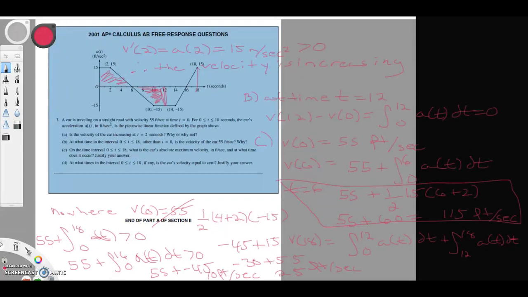When you look at this, nowhere is there going to be a zero, because when you check the endpoints, 55 plus the integral from 0 to 18 is greater than 0, and 55 plus the integral from 0 to 16 is also greater than 0. So you're going to get 10 feet per second. So nowhere is that going to work. It's always greater than 0. I'm sorry that this was messy. I don't really have too much room to work on this, and I hope this video helped.